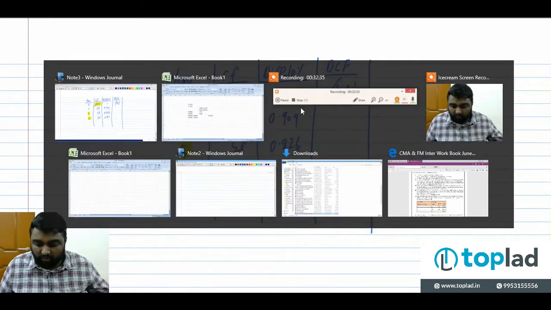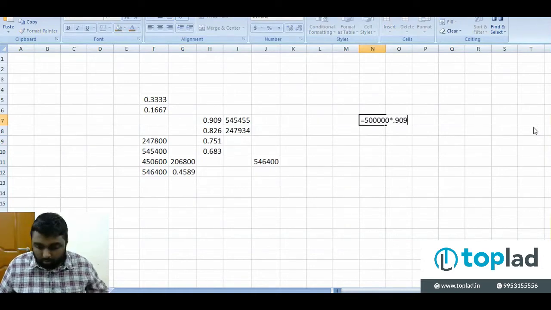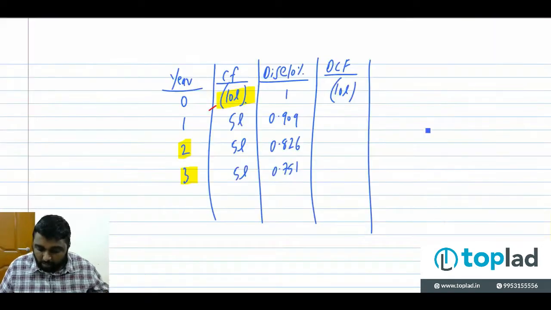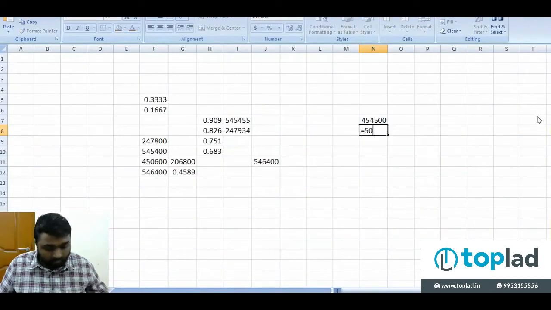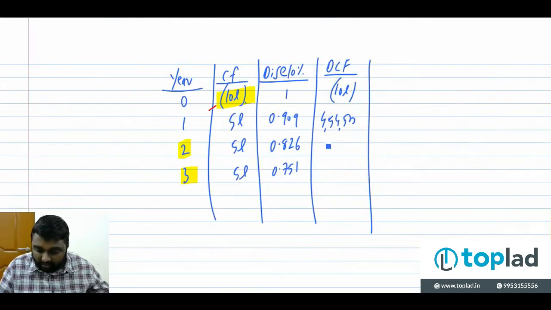We will make 5 lakh into 0.909, that is 4 lakh 54,500. Next, 5 lakh into 0.826, that is 4 lakh 13,000.